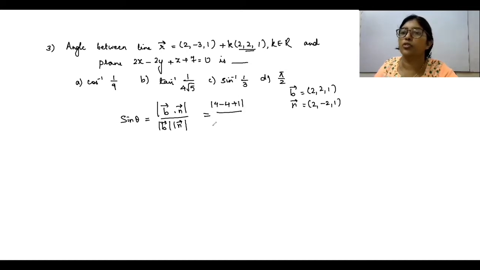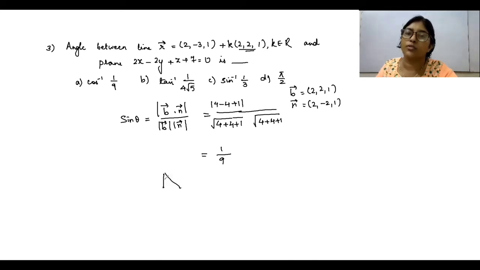And the magnitude of b and n is going to be the same because we're going to square and add them. So that makes it like 9 and 1. So do we have sine inverse 1 by 9? No. That means we will have to take a triangle and convert this to one of the forms here.